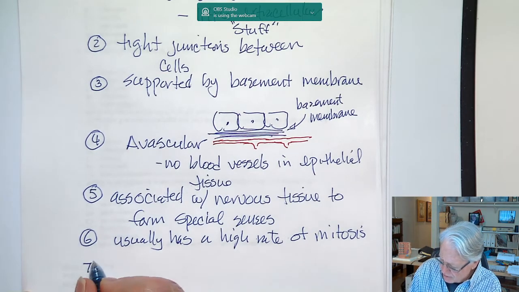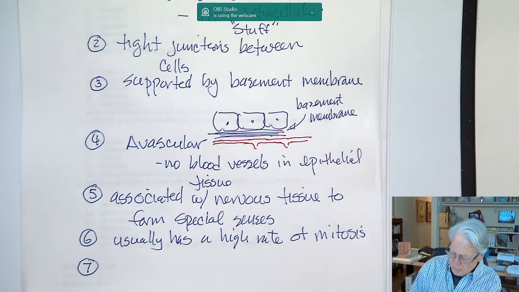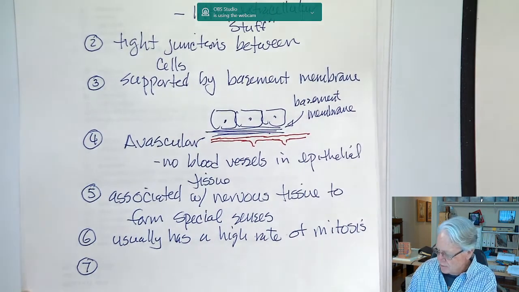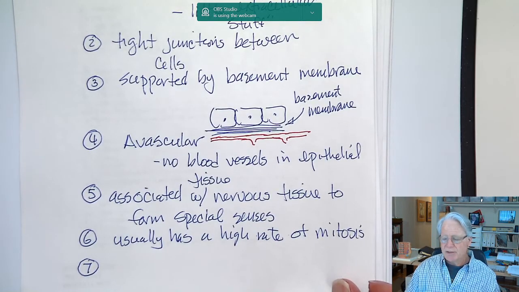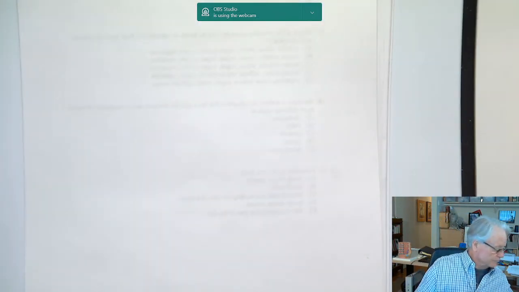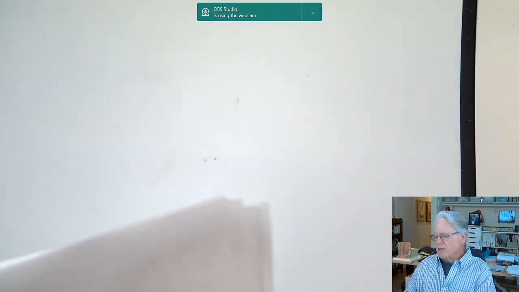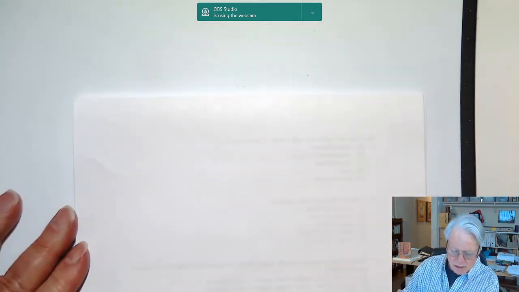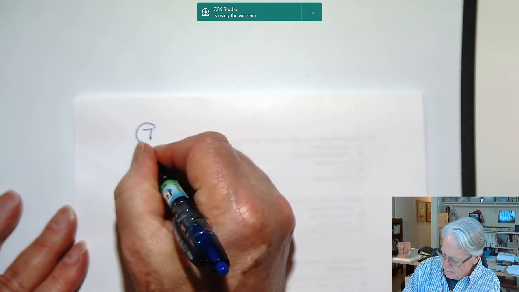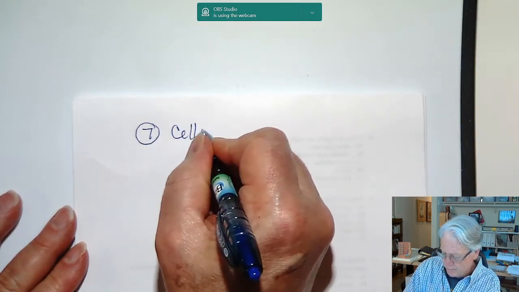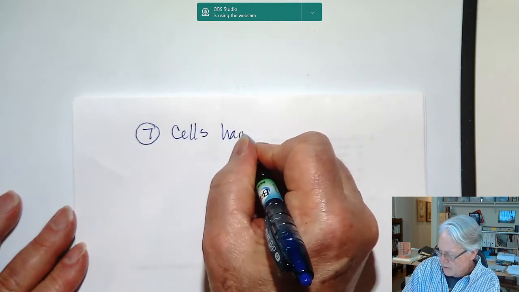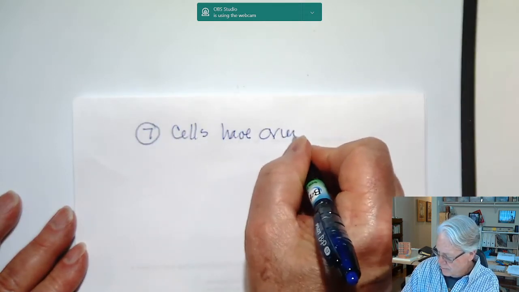Number 7, and I'm going to use the next page for number 7, so I'm going to skip to the next page now. Number 7 on the hit parade is the cells have orientation.